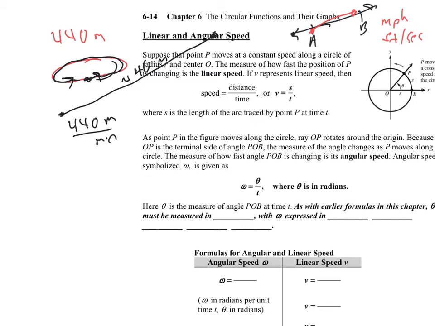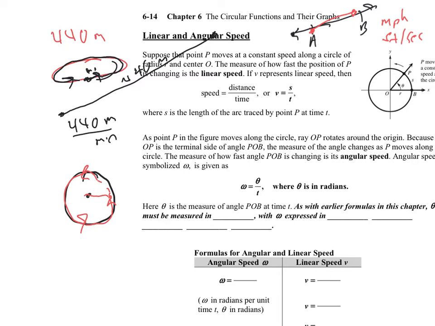That's not a circle on a track outside, that's an elliptical. But if your track was circular, here's your starting place, and you did your 440 run. It's also your angle of movement, because look what happened.